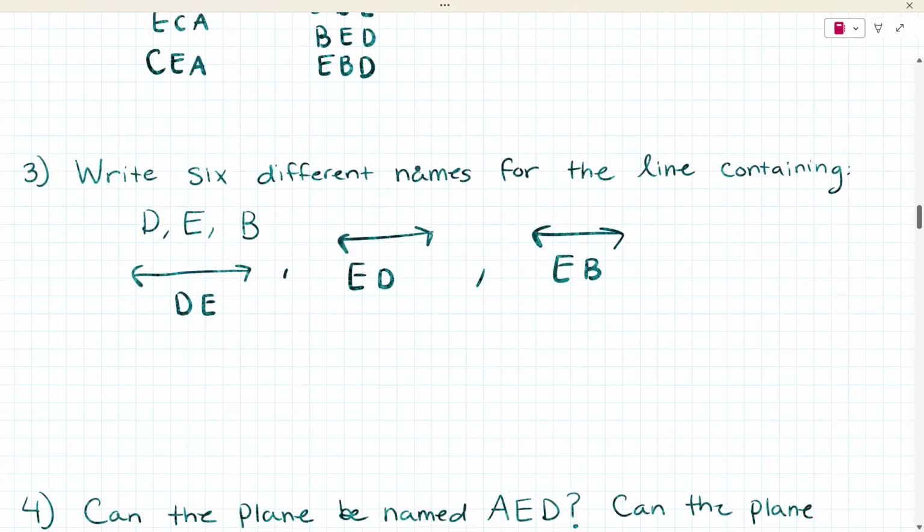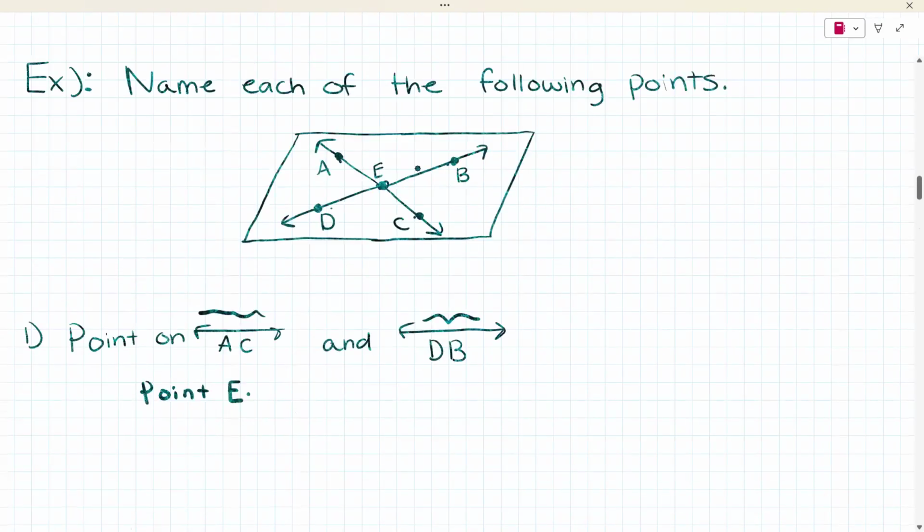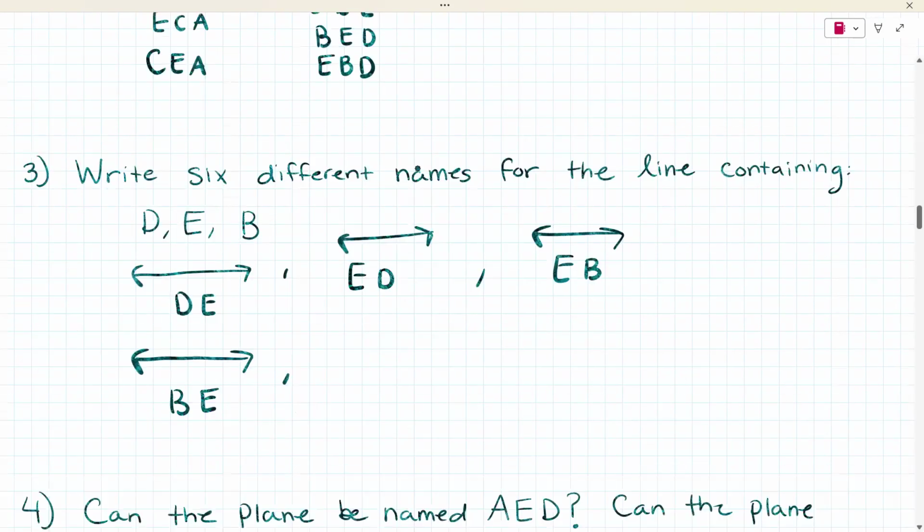What about line BE? Here's B and here's E. Yes, that would definitely work. It goes through the points DEB. What else? So we did BE. What about line DB?